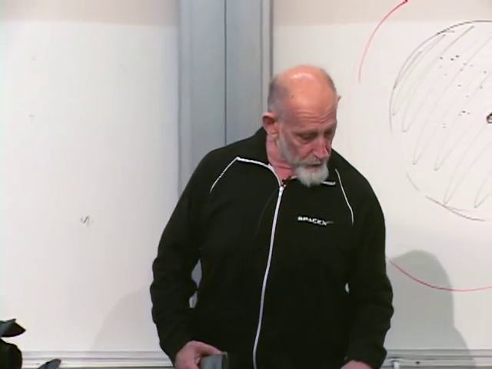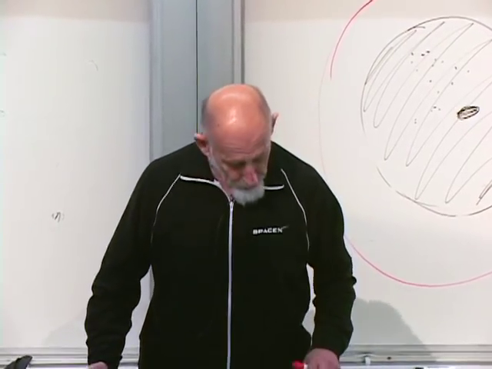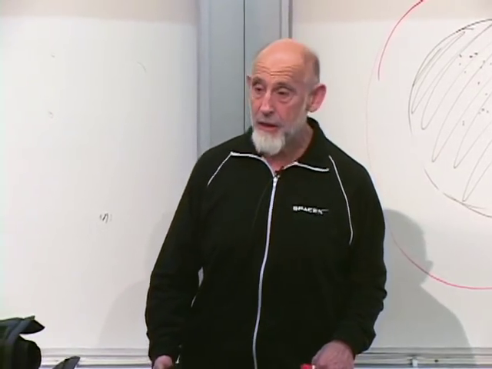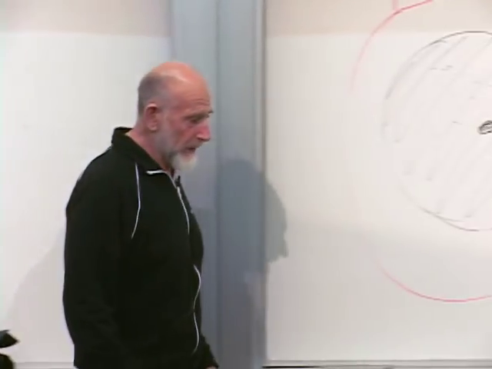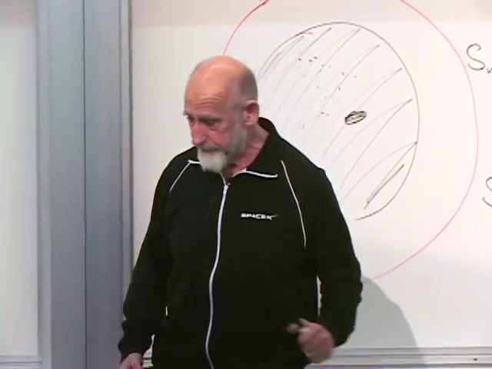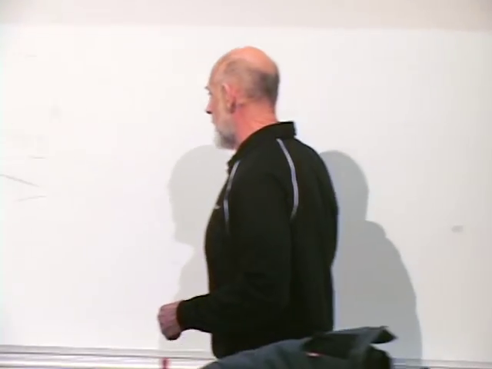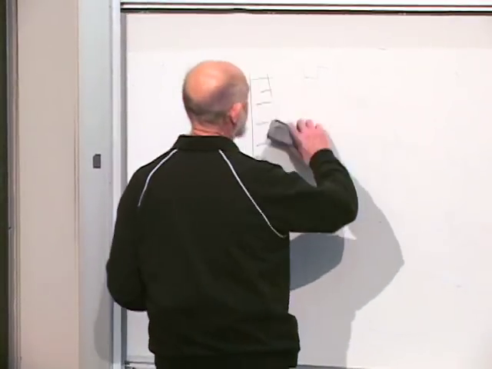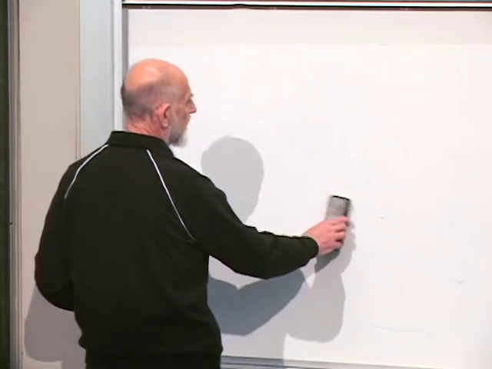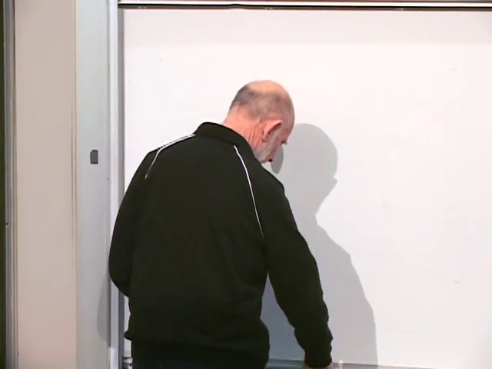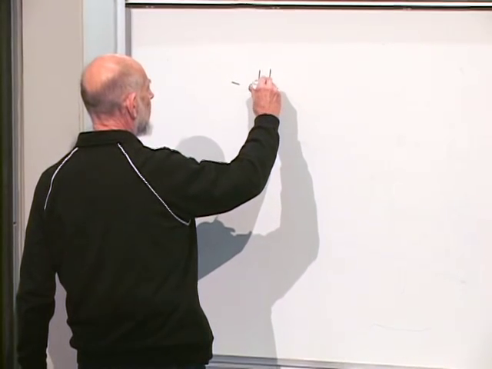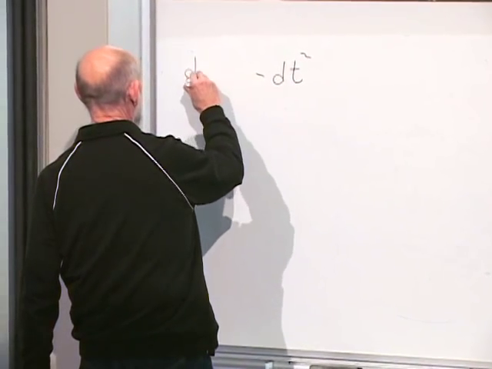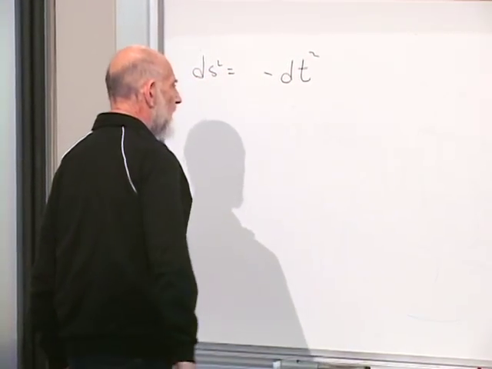All right, now those words are nice words. Do they have mathematical meaning? Yes, they do. The mathematical meaning is through the metric of space, or the metric of space-time. So I'm going to write down a metric for you. ds squared equals minus dt squared.